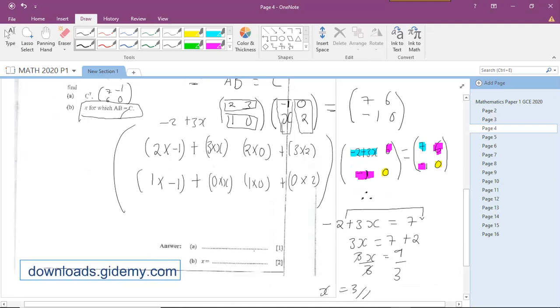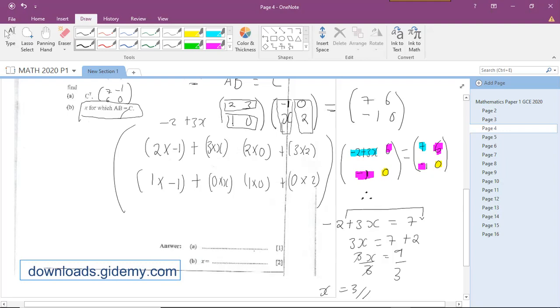So we're going to say 2 multiplied by -1 plus 3 multiplied by x, which is what we have here. You leave a space. This entire row will multiply by this entire column. 2 multiplied by 0 plus 3 multiplied by 2.